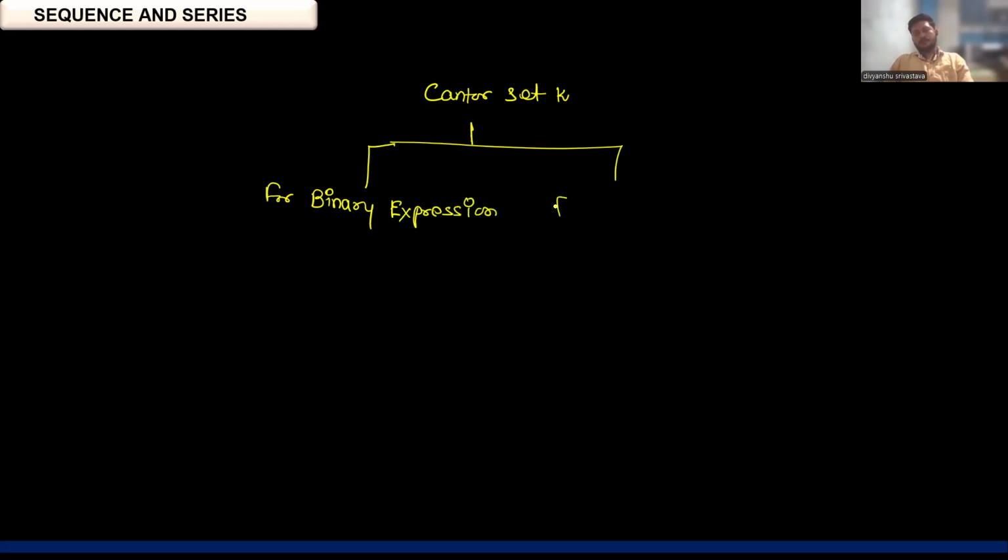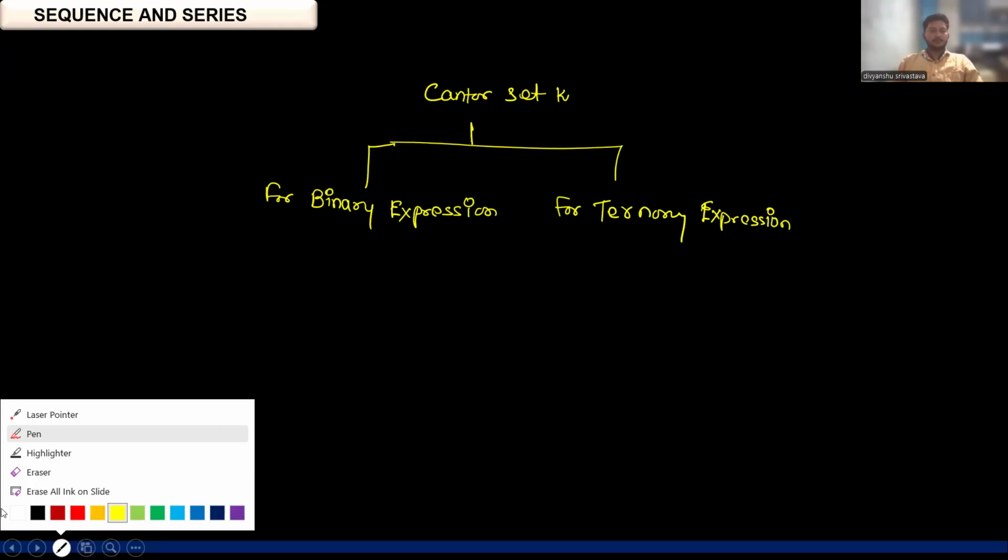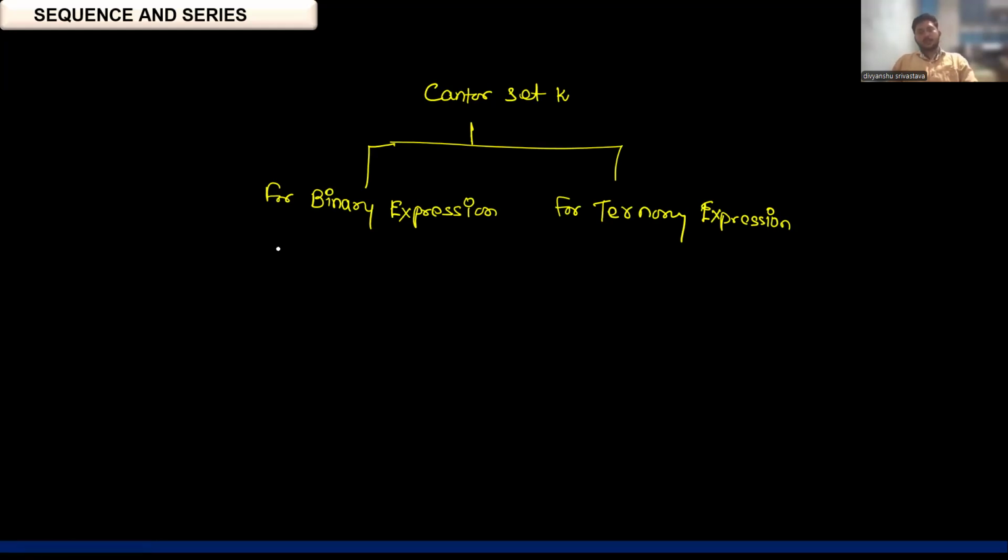For binary expression, you may write like this: summation from i to infinity of ai upon 2^i, where ai is equal to 0 and 1.